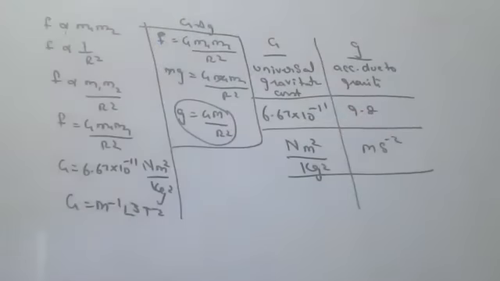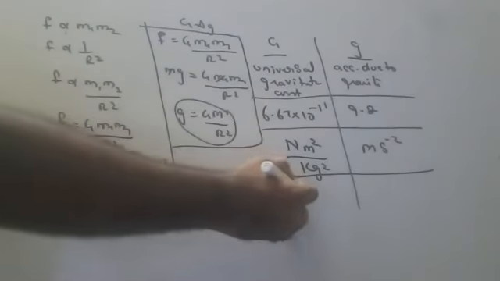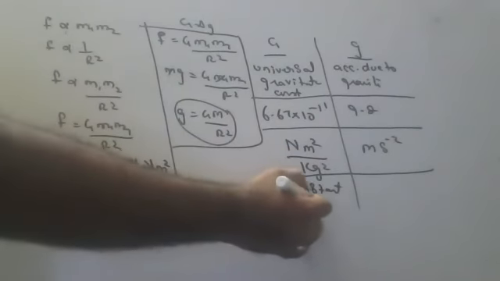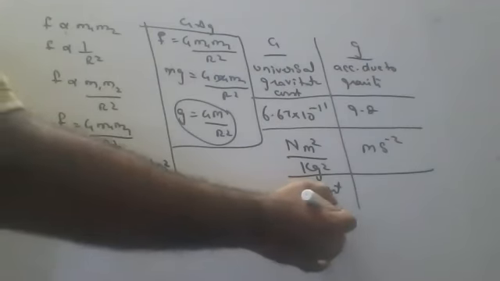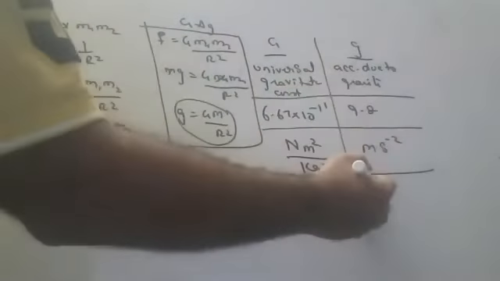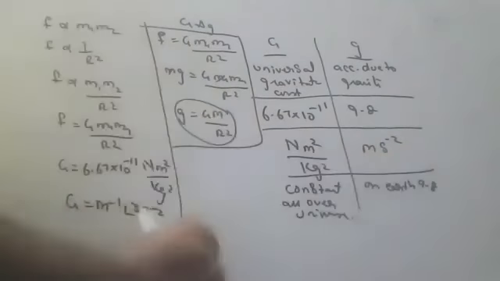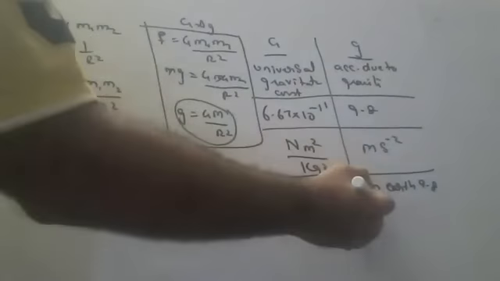The universal gravitational constant is constant all over the universe. Wherever you go in the universe, it is the same. That value will not change. Whereas acceleration due to gravity is 9.8 on Earth only. If you go to other planets, even the Moon, it is only 1.6.